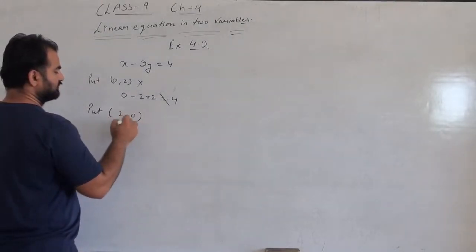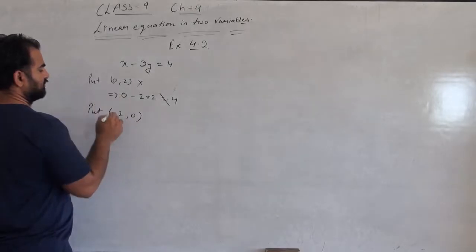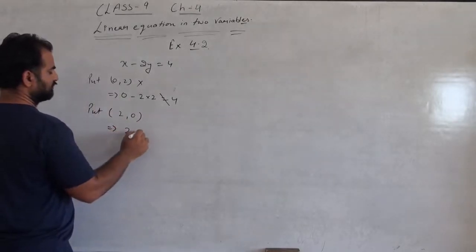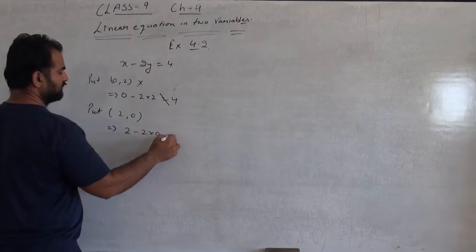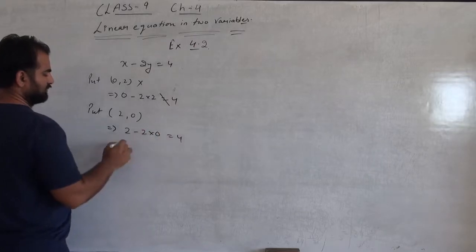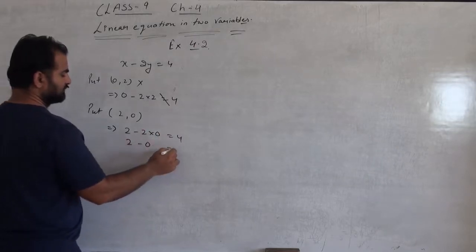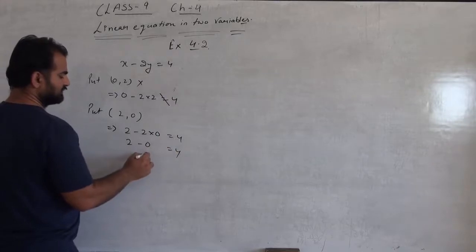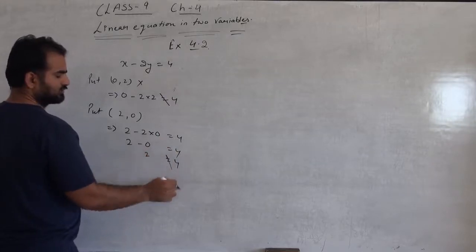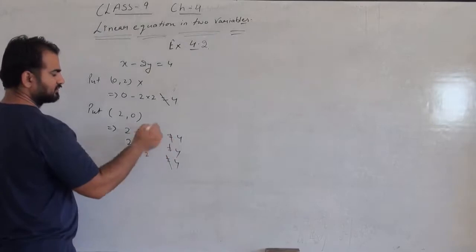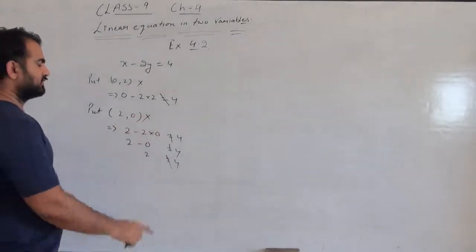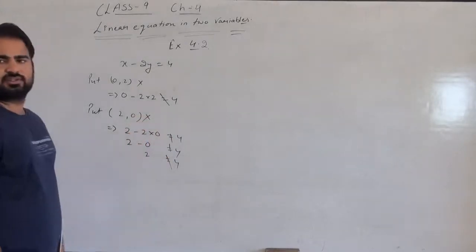So it will be 2 minus 2 into 0 equals to 4. So it will be 2 minus 0 equals to 4, and 2 minus 0 is 2 equals to 4, which is not correct. So it is also not the given solution of the equation.